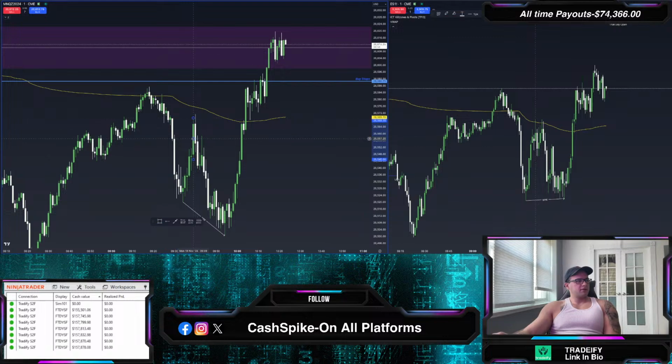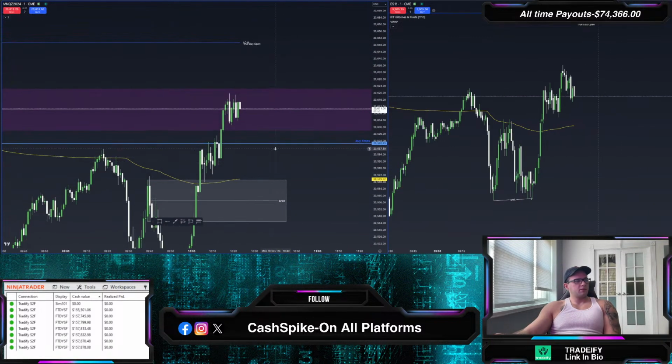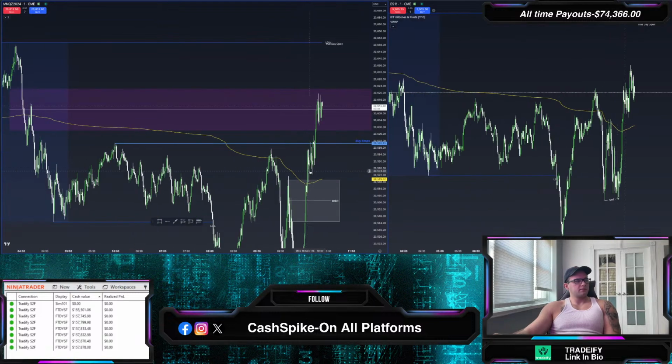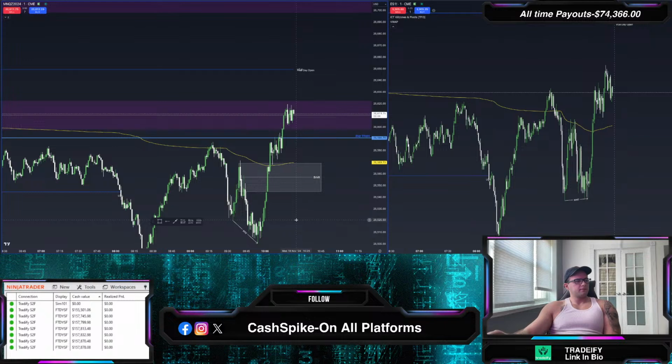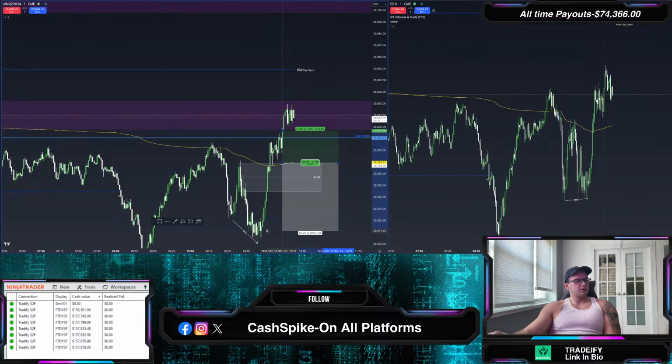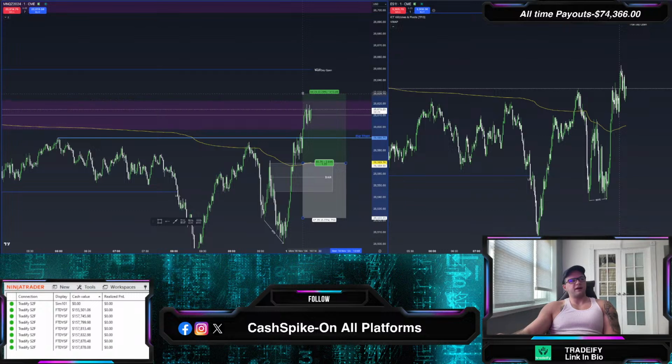Maybe I should have taken the break. Maybe I should have taken the break. In reality, if I was to take this break, say with this stop loss, I'd be buried 1 hour now, and my final TP would be like 1.7 hours.